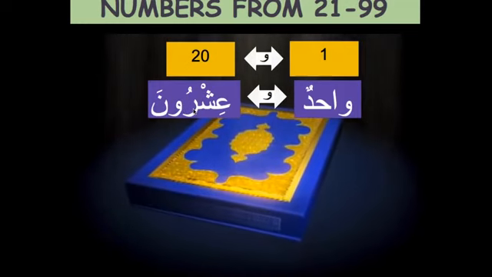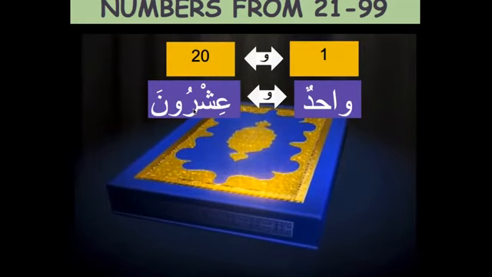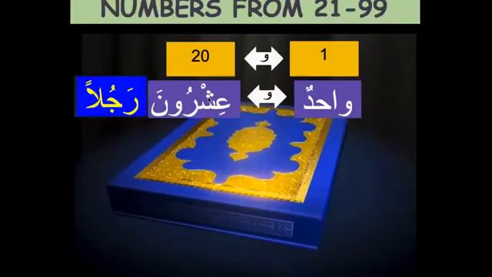Ishruna is a pattern of Jama' Mudhakkar Salim where wow is a sign of marfu', and ishrina, with ya, will be the sign of mansub and majroor depending on what comes before the number. So again, wahidun wa ishruna, 21, rajulan. From 11 to 99, the thing counted is tamiz.